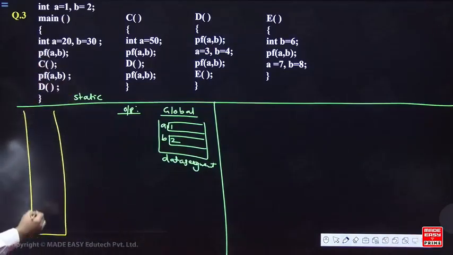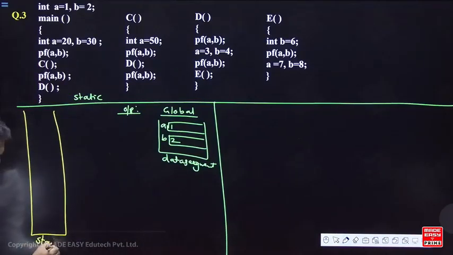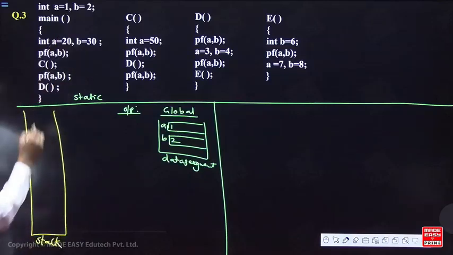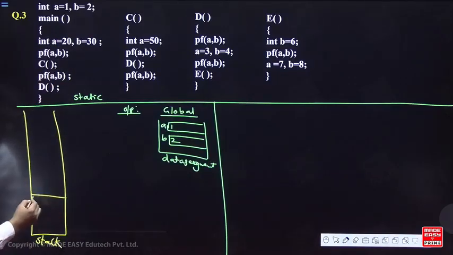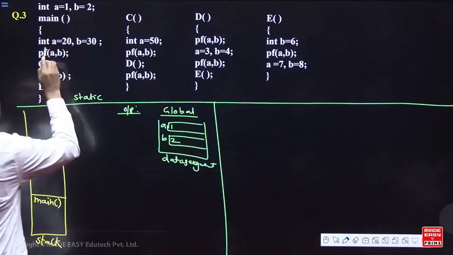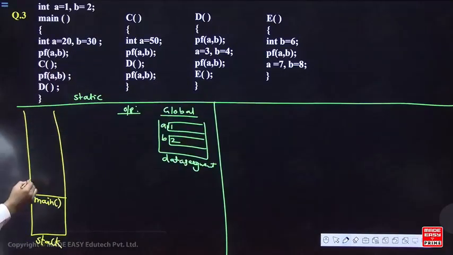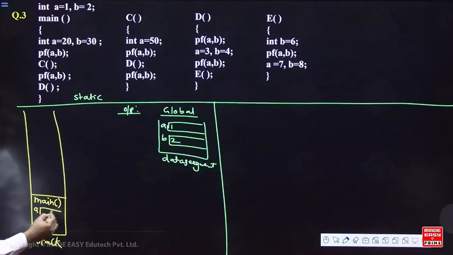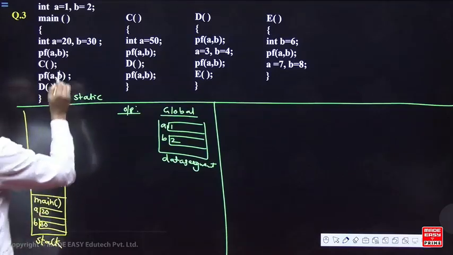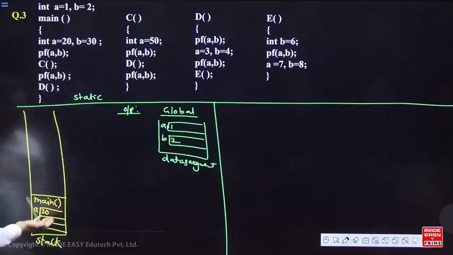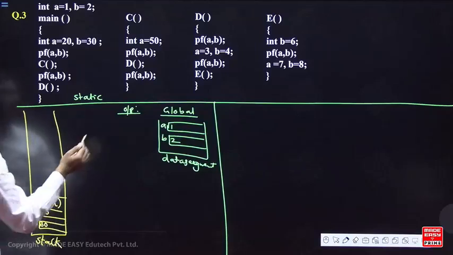So now look here, this is the stack. The first main function will be pushed into stack. Integer a equal to 20, b equal to 30, so that is a local variable declaration. Now when you say printf a comma b, it is a local variable here, so it will print 20 30.